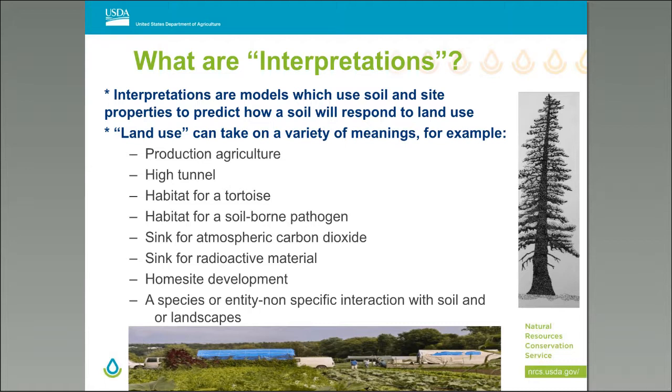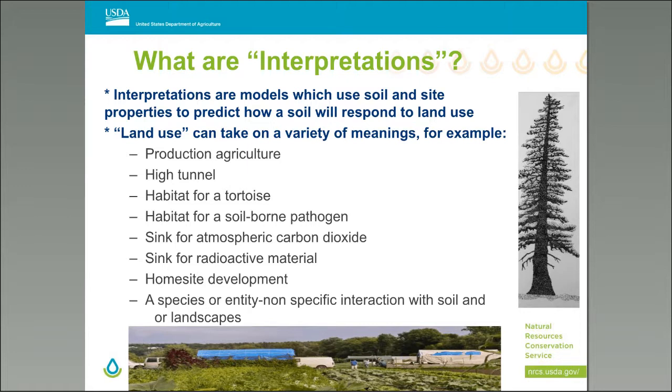But land use is a topic that's a little more encompassing, because we look at things like production agriculture, maybe high tunnels, but we also get into habitats or partial descriptors of habitats for animals like a tortoise, or the soil-borne pathogen, although I don't think that the coronavirus has any soil dependency in its life cycle, and so it's out of our reach for being an interpretable soil-borne pathogen.